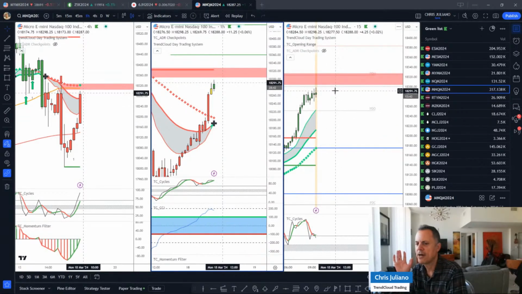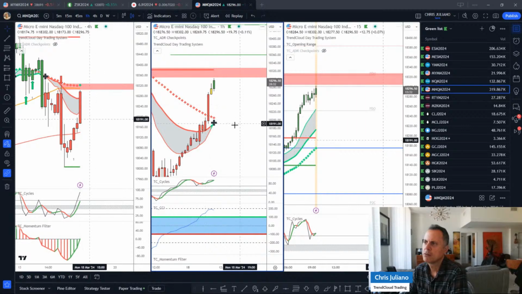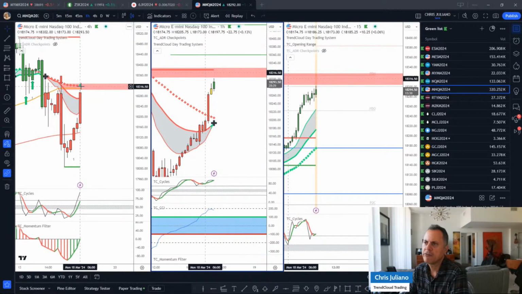Most likely, the highest probability of what's going to happen here is that it's going to rip through that. Well, how do you know? Well, here's a green 50 simple, upward momentum, cycling up, right? This is powerful.